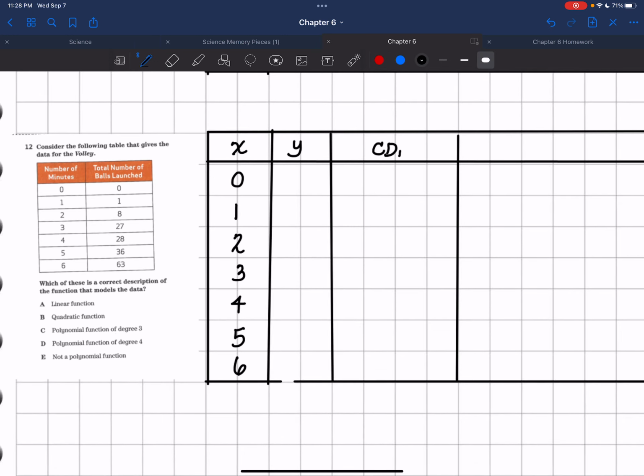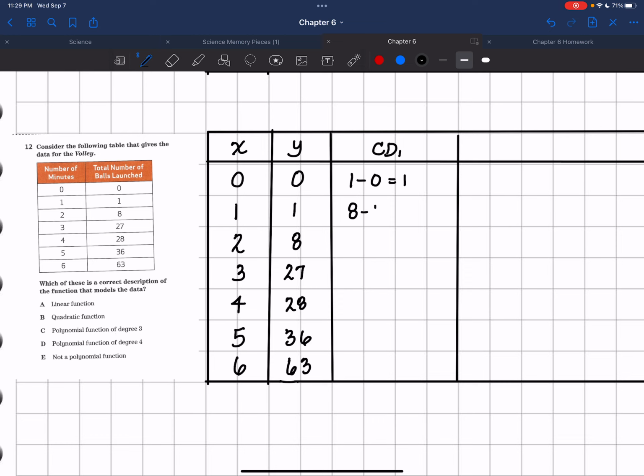All right, the volley looks like this: 0, 1, 8, 27, 28, 36, and 63. And we have the same choices, the same question. So let's start doing some math.